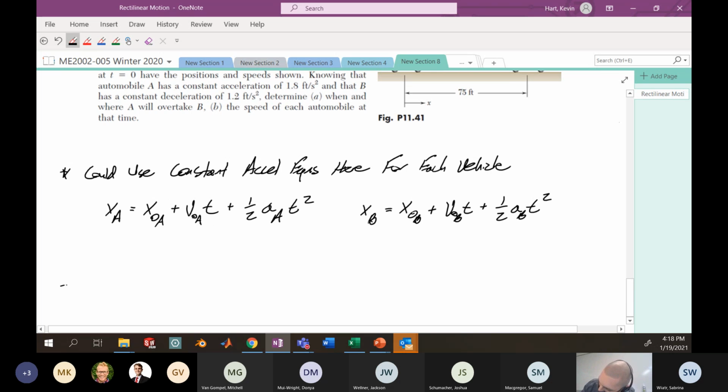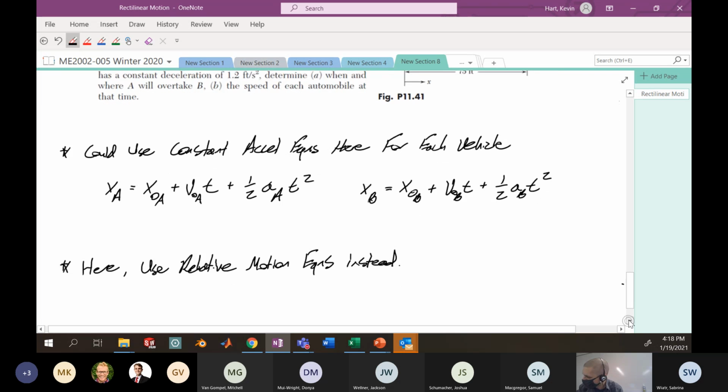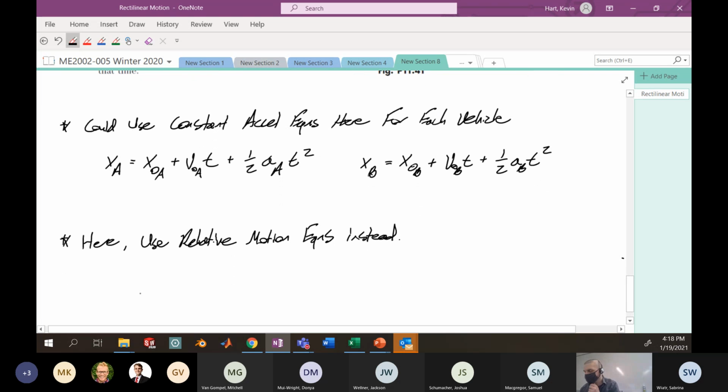Instead, I want to try and leverage our relative velocity equations. You'll see the power of this in just a second.